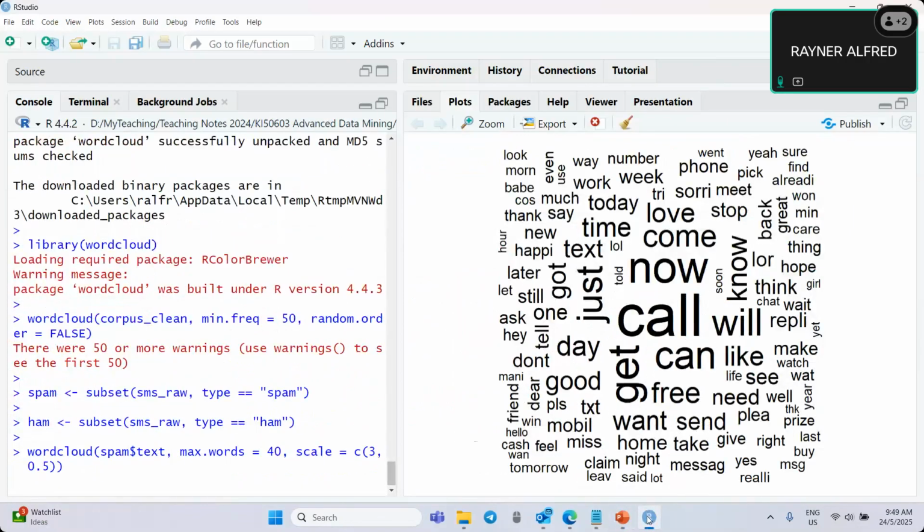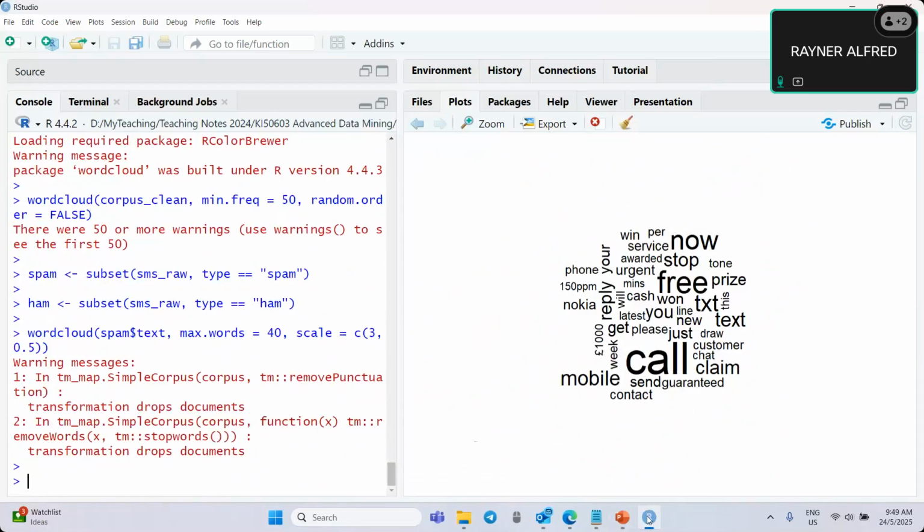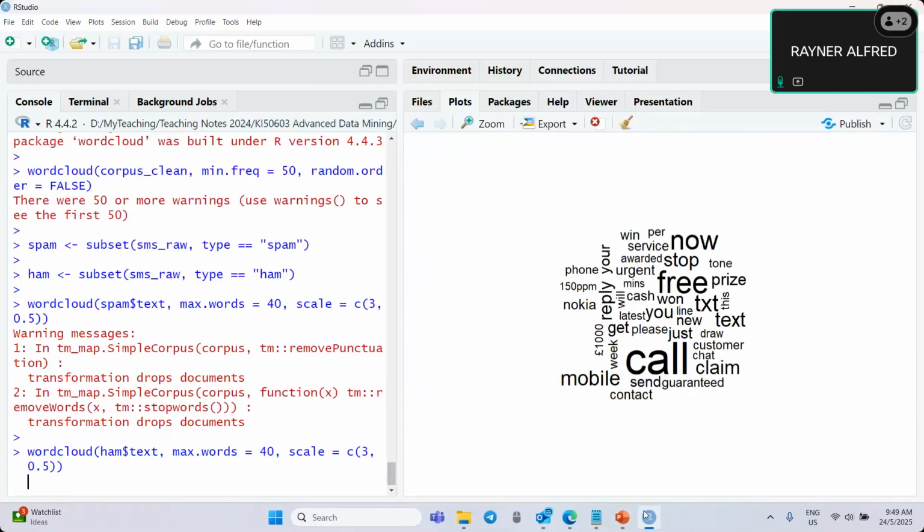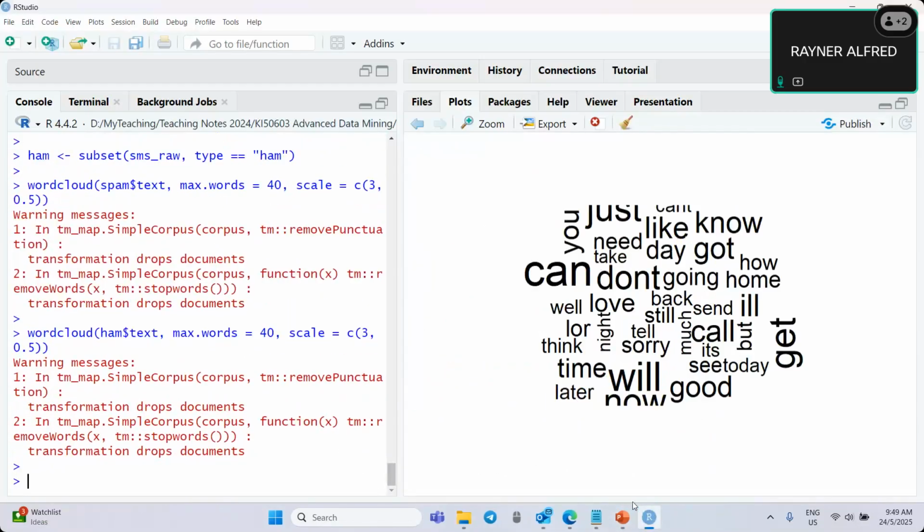This is for the spam: we have free, call, text, reply, and so on. This is for the non-spam. We can look at how they are different in terms of the most frequent terms in the SMS text. This is just visualization.